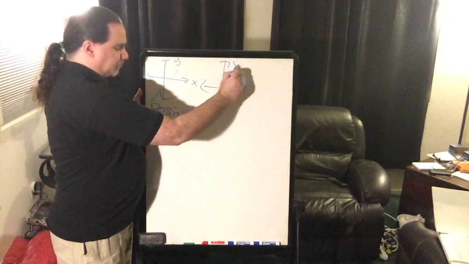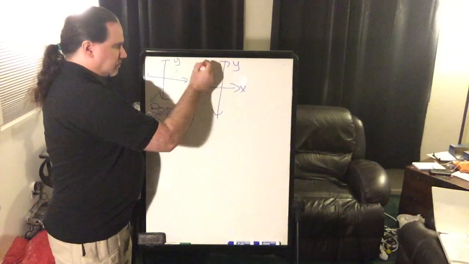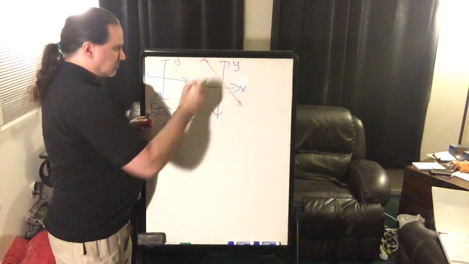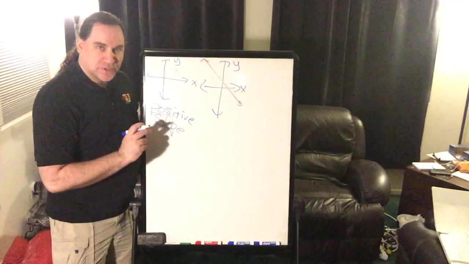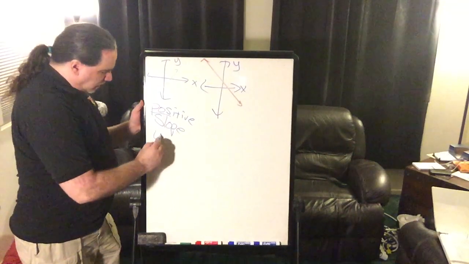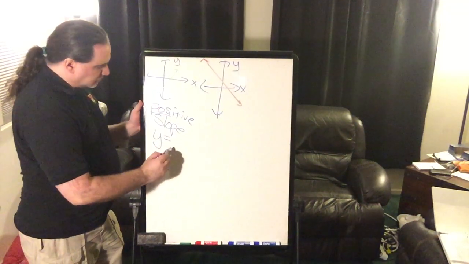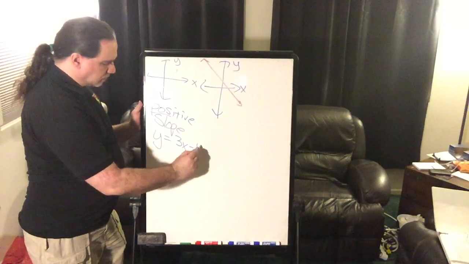Next up, I think it's pretty clear what's going to come next. Now let me give you an equation here. I'm going to come back to that one. Y equals 3x minus 4.